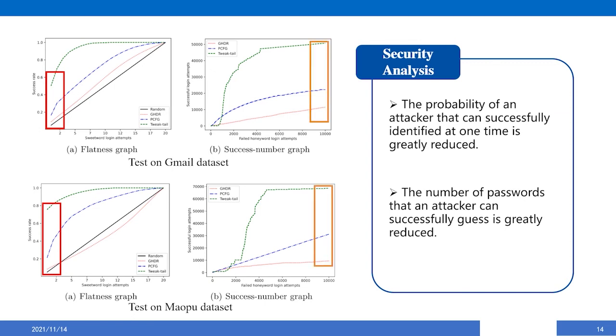From the success number graph, we can see that, compared with the PCFG-based method and the twinkling tail method, under the maximum allowed number of errors, using GHDR to generate Honeywords, the number of passwords that can be successfully guessed is greatly reduced.